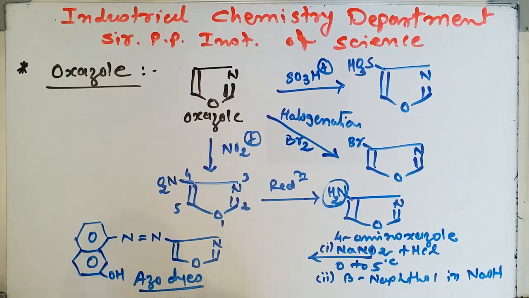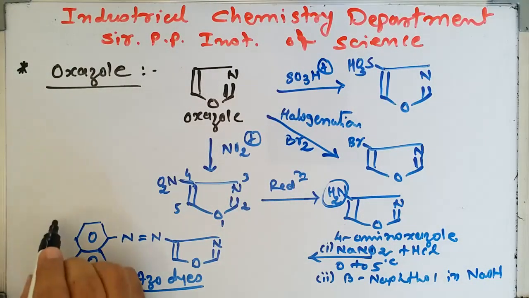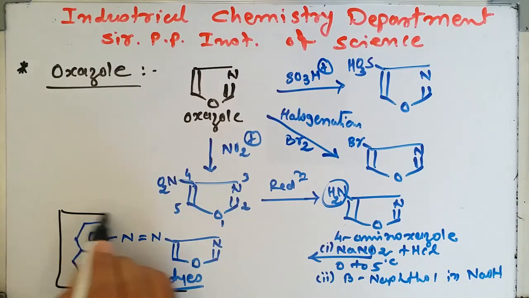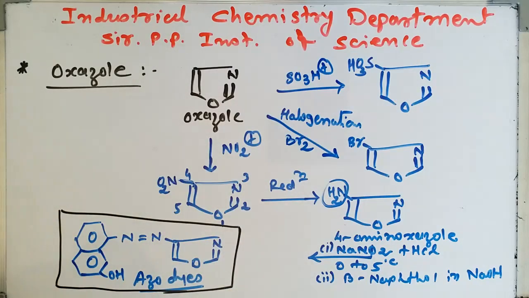So preparation of azo dyes takes place from oxazole. These are the very important properties of oxazole. Today we stop our lecture here, and the remaining compounds we will see in the next lecture. Okay, thank you.